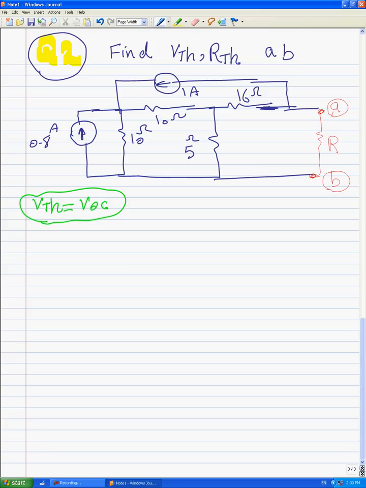For example, it's up to you. We can start directly. Right now, I want to use source transformation to change this current source to a voltage source, which means here we have 10 and this current 0.8 times 10 is equal to 8 volts.